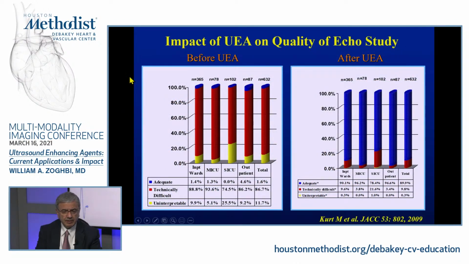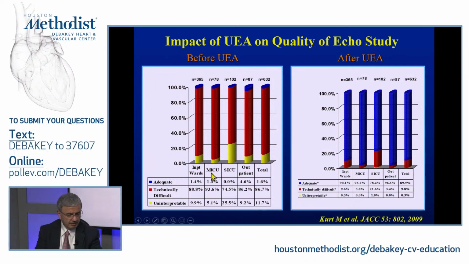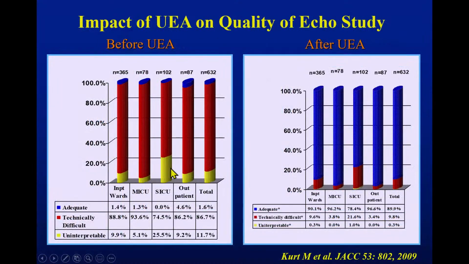First, these are individuals obviously in different settings: inpatients, medical intensive care unit, surgical intensive care unit, and the outpatient setting, that required an enhancement with these agents. And the decision, as usual, and I do hope, is made by the sonographer or whoever is doing the study, because you want to lessen the burden of how to get that approved and administered.